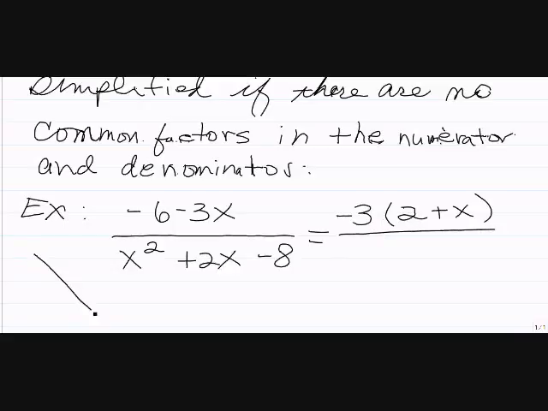And now I've got to think of two numbers that multiply to give me -8 and add to give me 2.